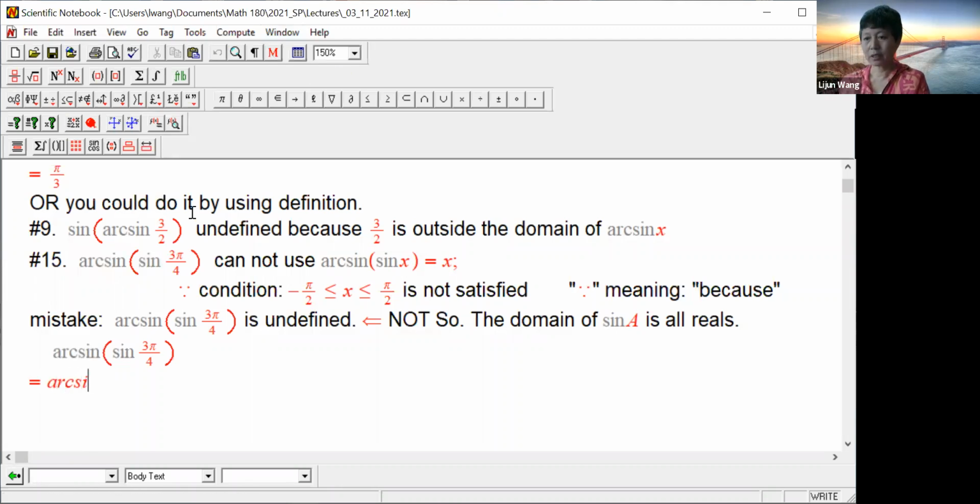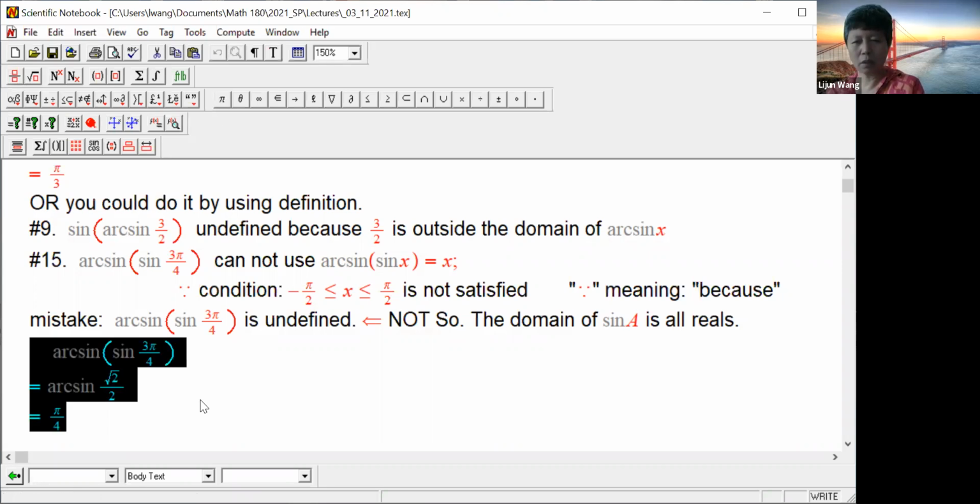Okay, so arc sine of sine of 3 pi over 4, that is equal to what? What is that? Root 2 over 2, right? And then what is the arc sine of root 2 over 2? It's pi over 4. This probably will be the most common way of doing it.